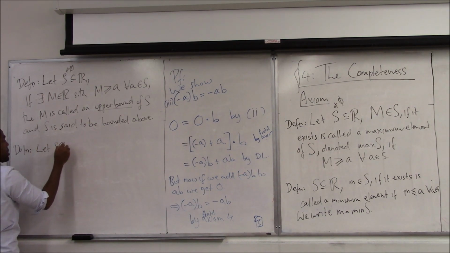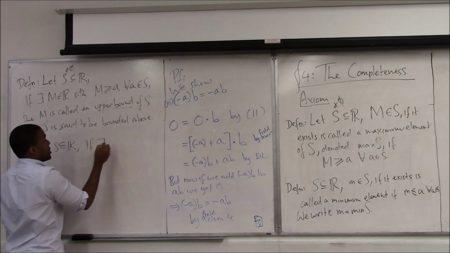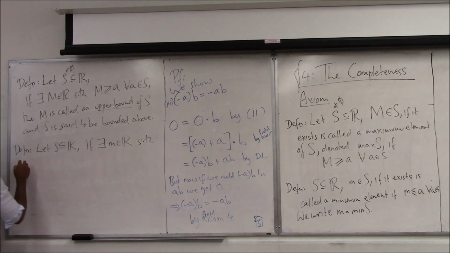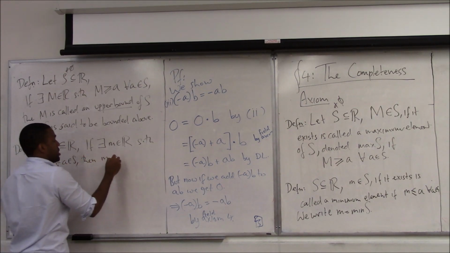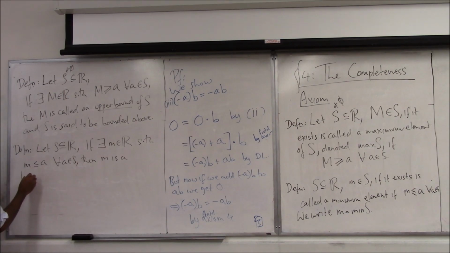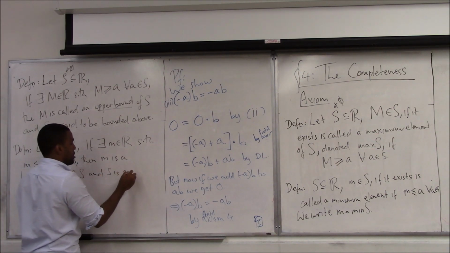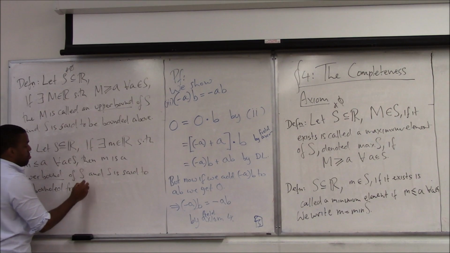Let S be a subset of R. If there exists an element of R such that that element is smaller than or equal to A for all A in S, then M is a lower bound of S, and S is said to be bounded from below.